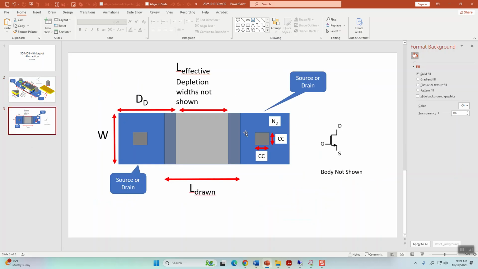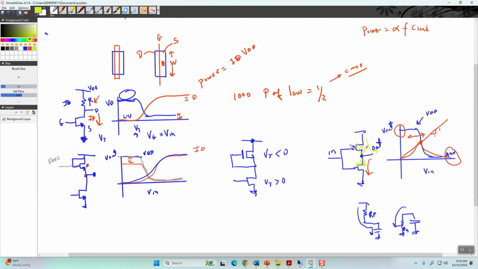And then this is what it would look like from the top. What I'm showing is this rotated, where this would be the drain, and then down here would be the source. So that area needs to be charged and discharged. Right now, it looks like I'm just talking about the charge and discharge of a CMOS inverter.